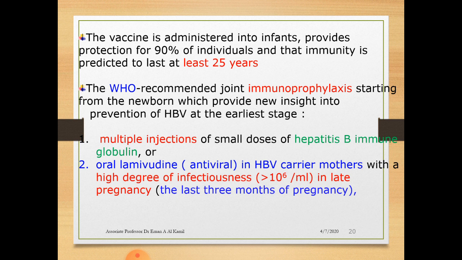According to the World Health Organization, there are two regimens: either we give multiple immunoglobulin doses to the baby after birth, or we give an antiviral such as lamivudine to the carrier mother during pregnancy, especially for the last three months, or what is called the last trimester.